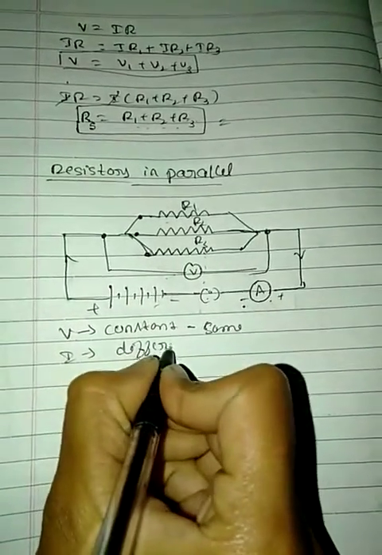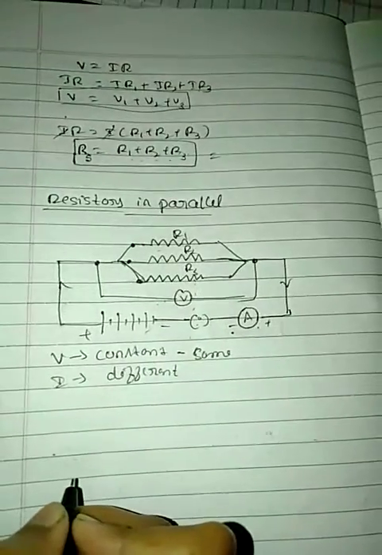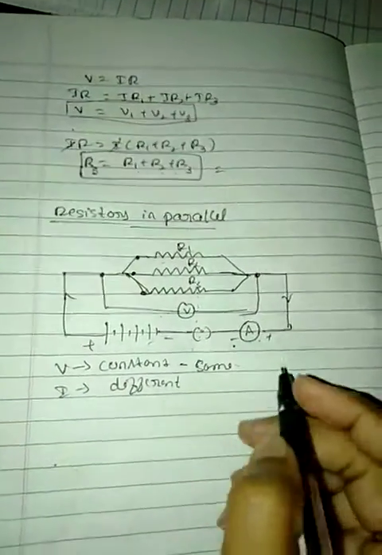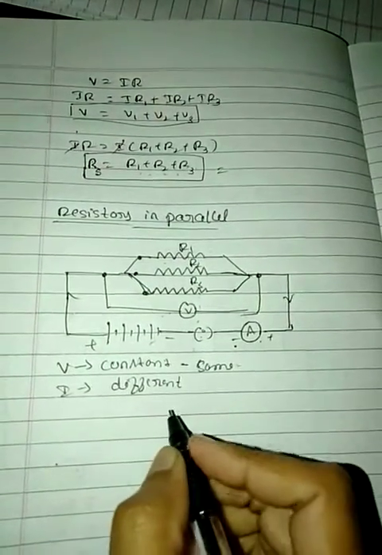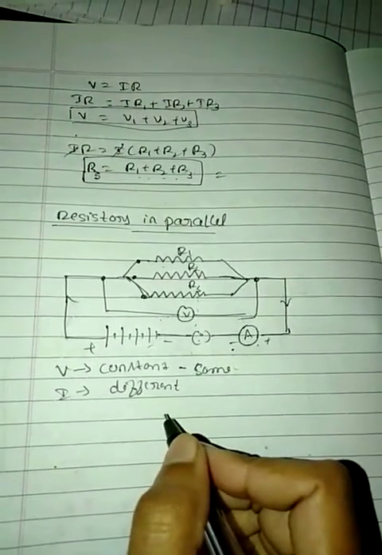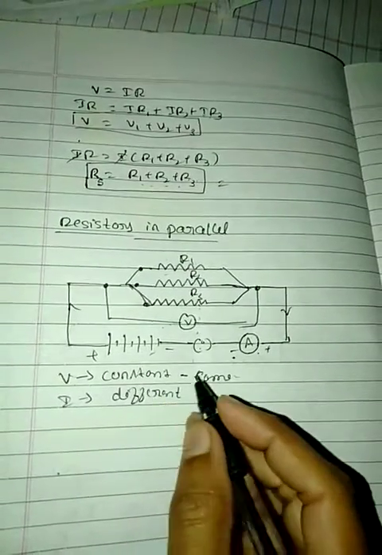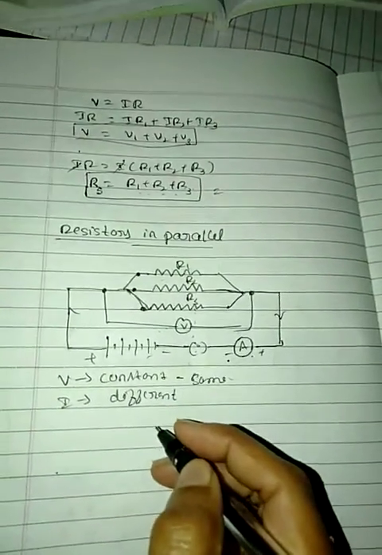Remember that this is the reverse of the series combination. In the series combination, the voltage is different across each resistor and the current is the same, but in the parallel combination, the potential difference V is constant but I is different.